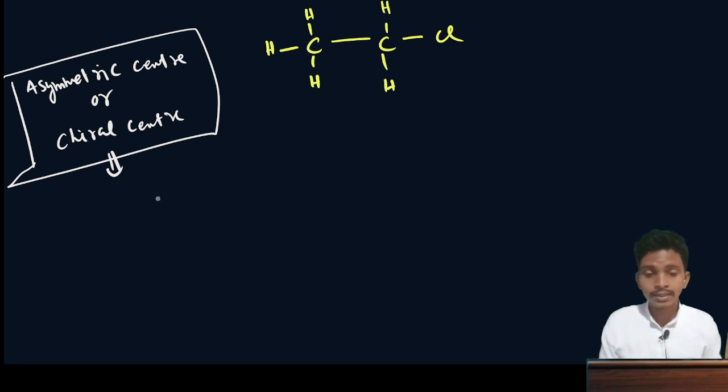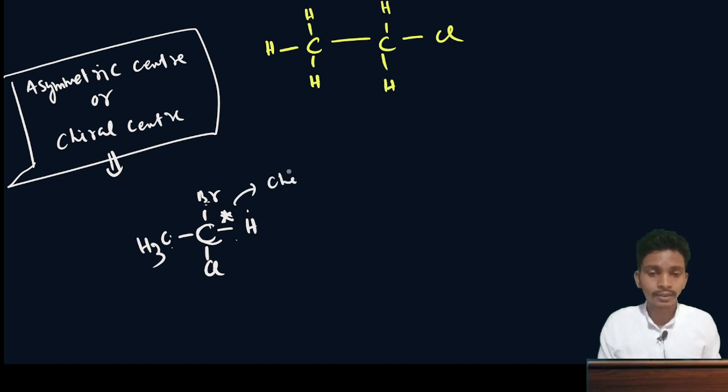So a chiral center means, let's say you have a carbon whose environments are different. Let's say we have here Br, here Cl, here H, and here CH3. So for this carbon center, all four atoms are different, then this is a chiral center. Okay, this carbon is a chiral center.